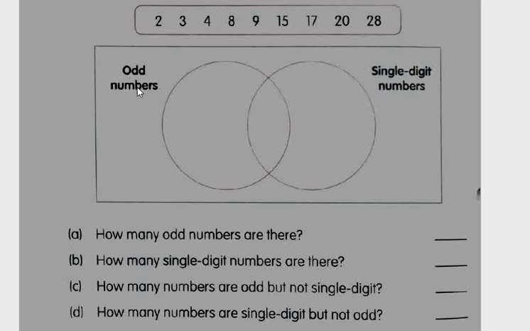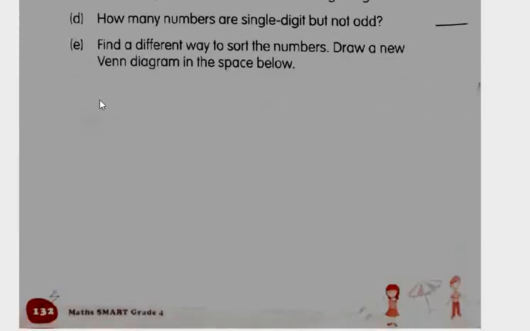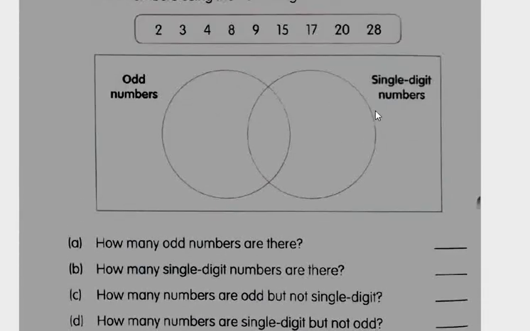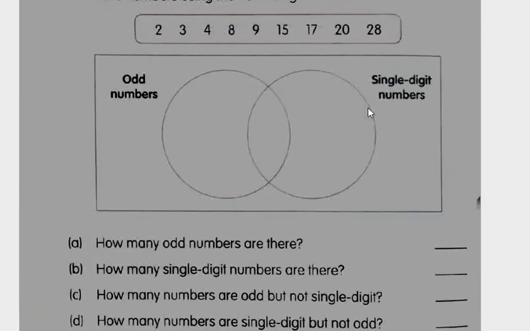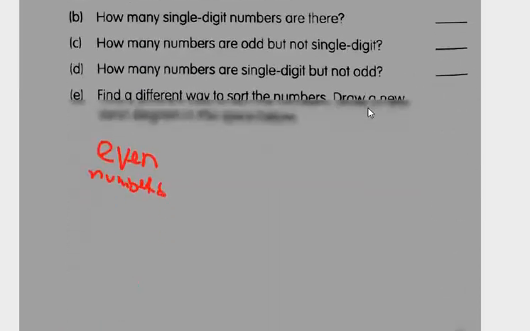So since it is odd numbers, then put here even numbers, right? Then the second circle, single digit numbers. Yes, you can, but also two-digit numbers, right?